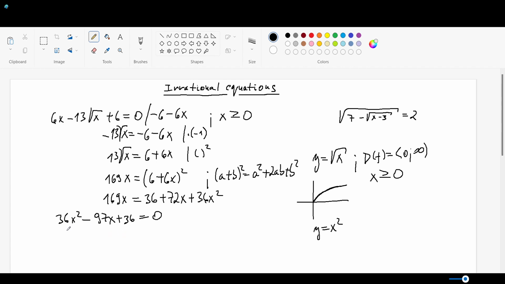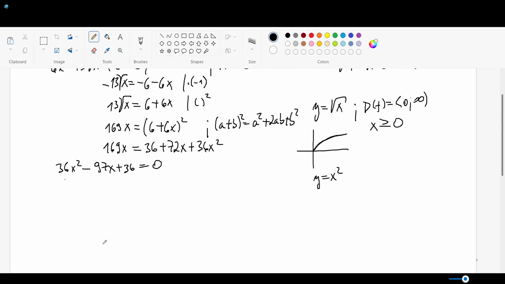But these three numbers, 36 and 97, is there any common divisor? I don't think so, because 2 is not, 3 is not, 4 definitely not, and 9 definitely not. So we cannot simplify this equation. There is nothing else we can do here, just use the quadratic formula.